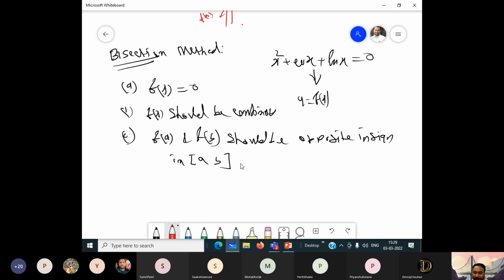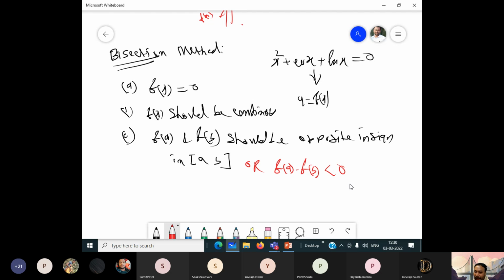If I multiply f of a and f of b, the product should be negative. Be careful, the translation from our theory to MATLAB is a little bit different. There is no option to write that f of a and f of b are opposite in sign.